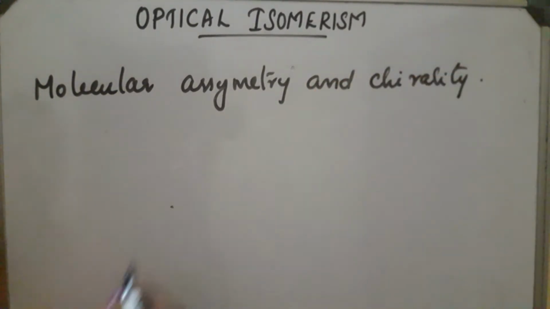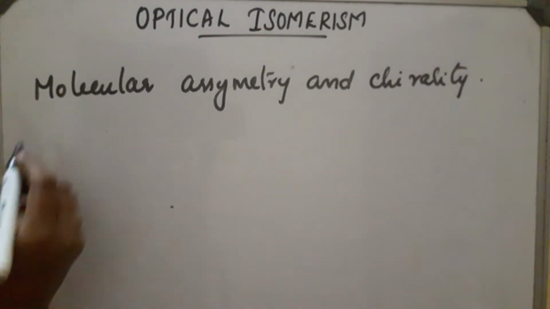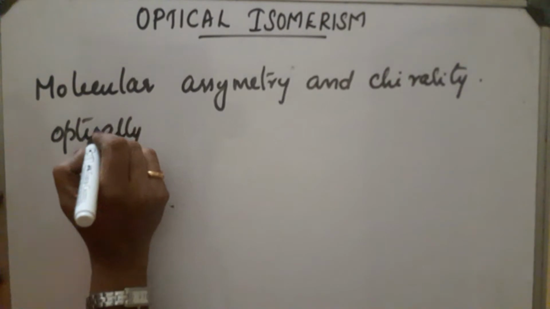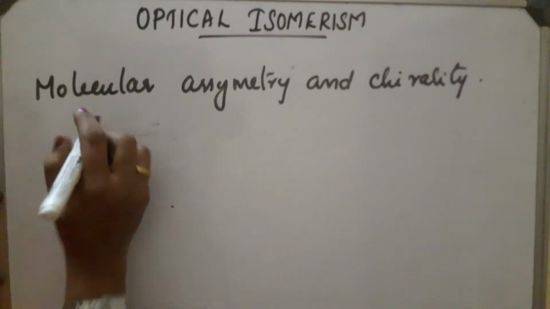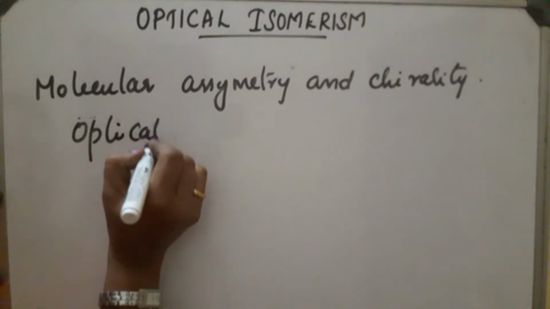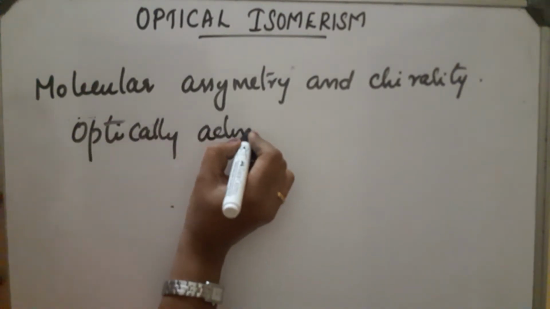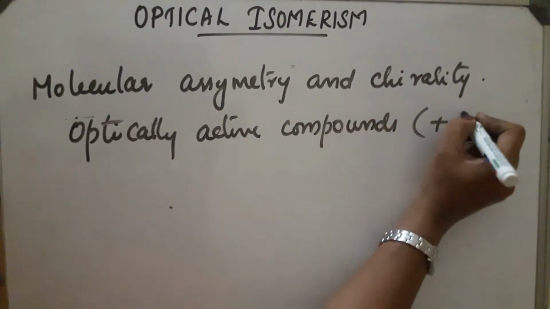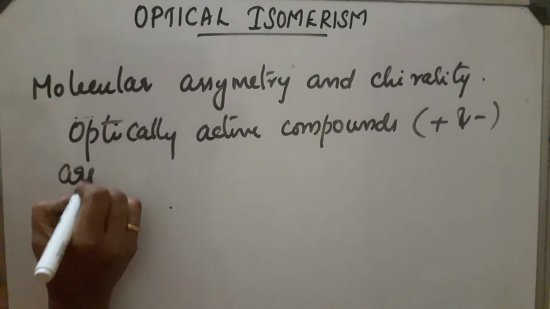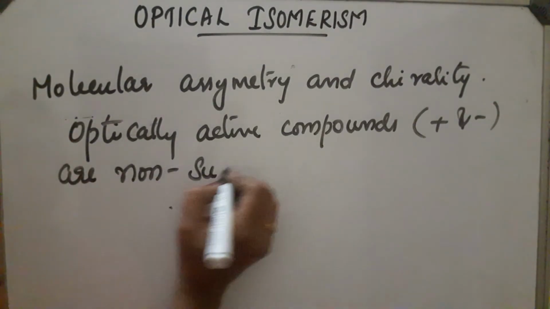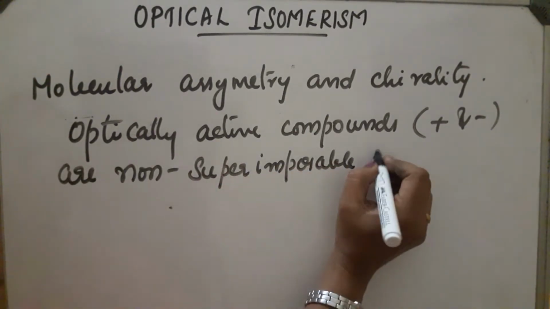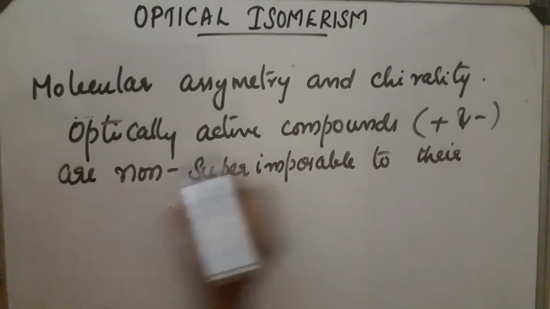In the case of optically active compounds like the plus and minus forms, they are not superimposable on their mirror images.